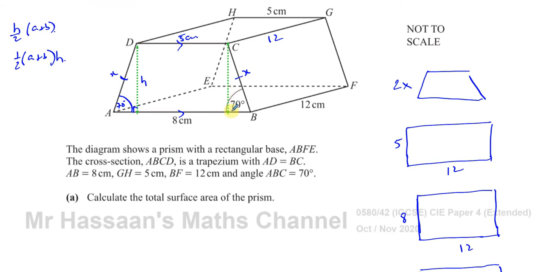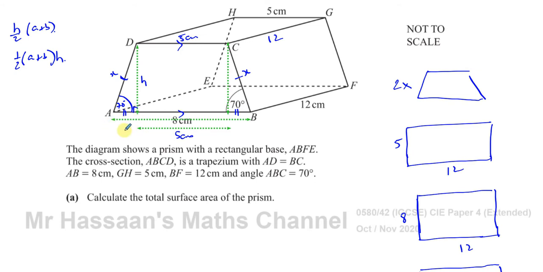And we can also say that this length and this length are the same. They must be the same because it's an isosceles trapezium. So those two lengths are the same. And 8 centimeters is basically all the way from here to the end. And we know that between these 2 points is the same as 5 centimeters up there.